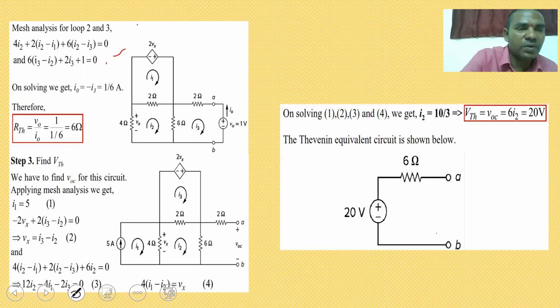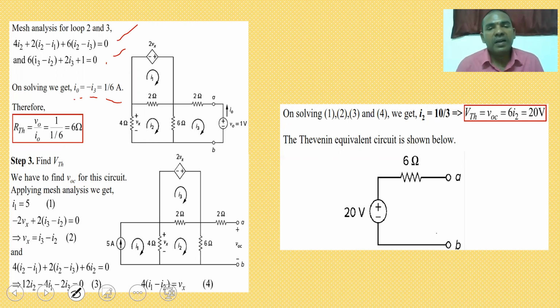So these are the two equations you are getting. By using this, if you solve the equations, I0 is equal to minus I3, which is equal to 1 by 6. So I0 is the equivalent current I am calculating.